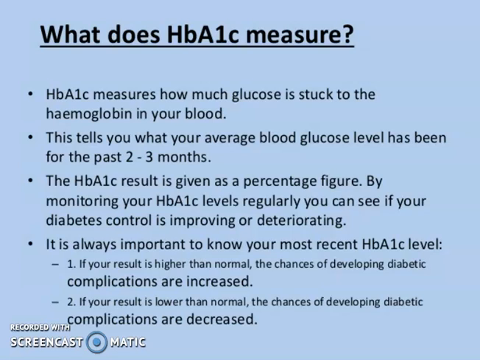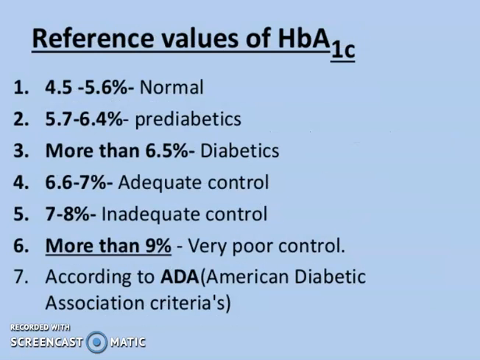By monitoring your HbA1c level regularly, you can see if your diabetes control is improving or deteriorating. It is always important to know your most recent HbA1c level. If your result is higher than normal, the chances of developing diabetes complications are increased. If your result is lower than normal, the chances of developing diabetes complications are decreased.